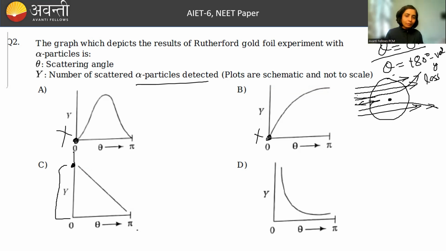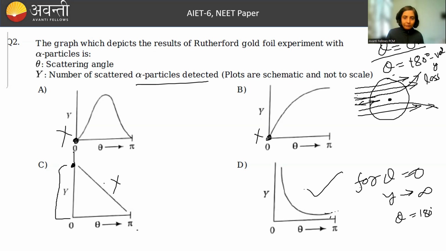And see here, when this graph approaches theta equal to 0, it approaches y equal to infinity, that is, some large value. So this graph will be correct, not this. This will be correct, because for theta equal to 0, y is tending to infinity, and for theta equal to pi, that is 180 degrees, the value of y is almost tending to 0.